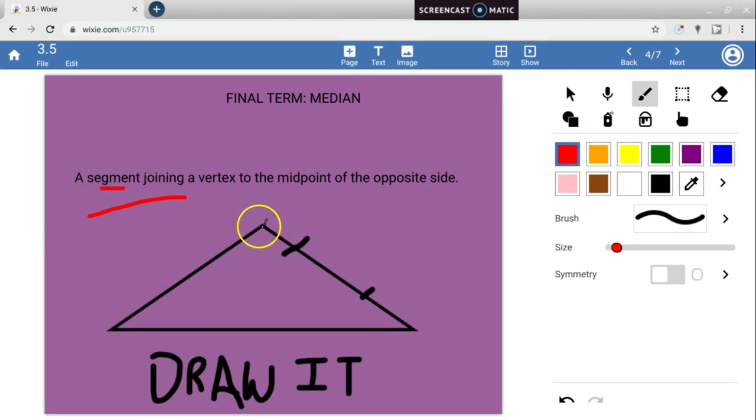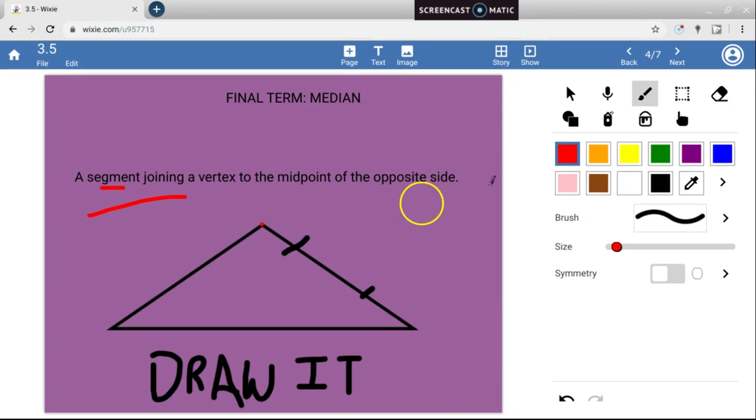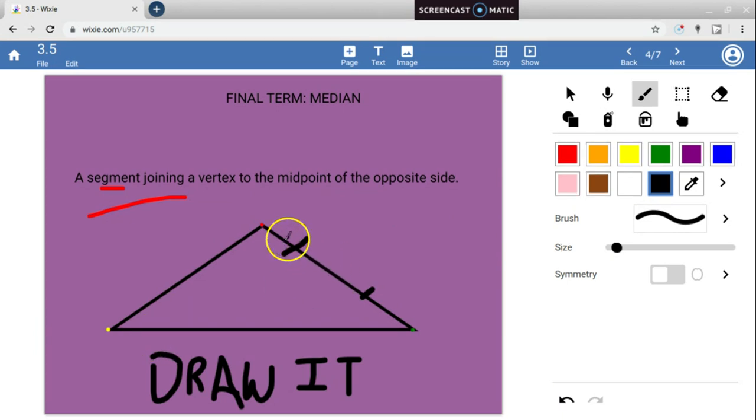Well, the only vertexes that there are are this red right here, this yellow, and this green. But which one is the one that we're going to draw the segment from? Well, it's the one that's across from where the midpoint will be. And the midpoint will be on this side that's from the red to the green dots, because we see these markings right there that mean that there is a midpoint there. So all we have to do is draw from this yellow to in between those two things right there.